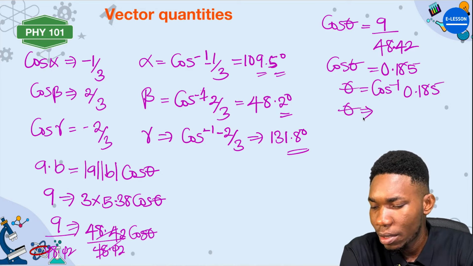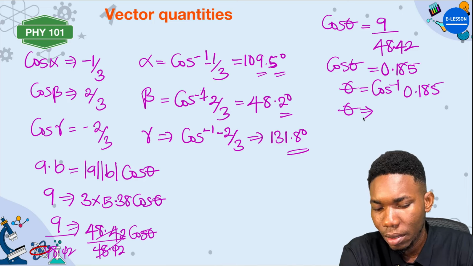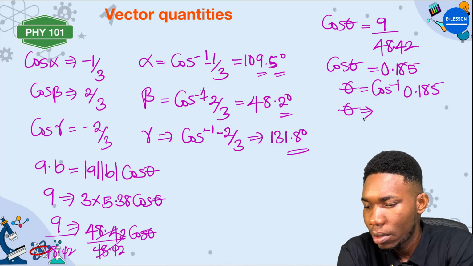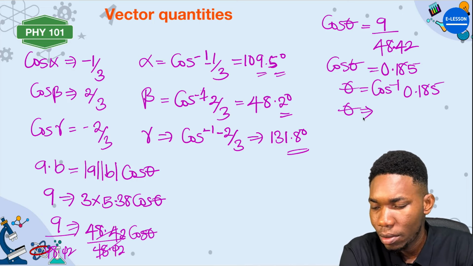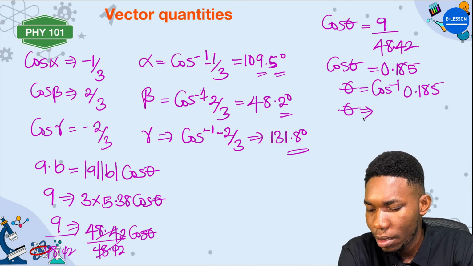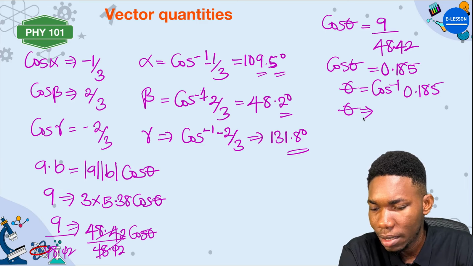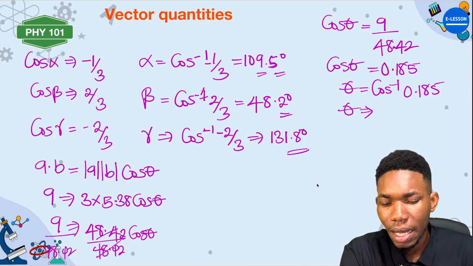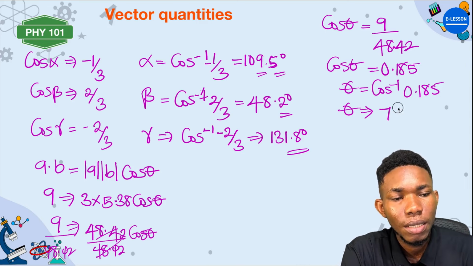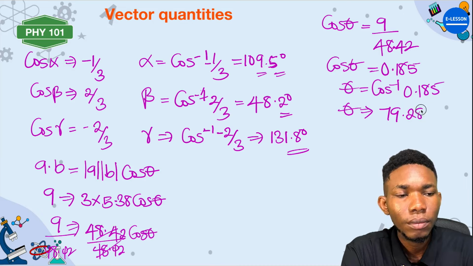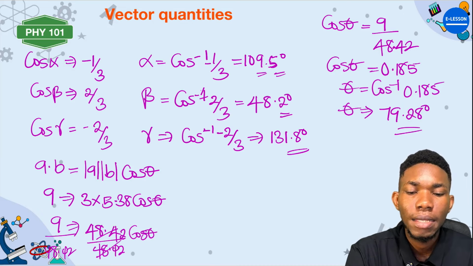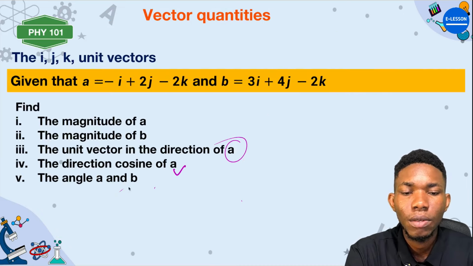That will give us shift, go back, equals to shift cos of the answer you got. What did that give to us? 79.28. So that's the answer to the last question.